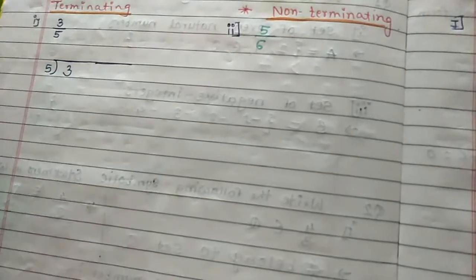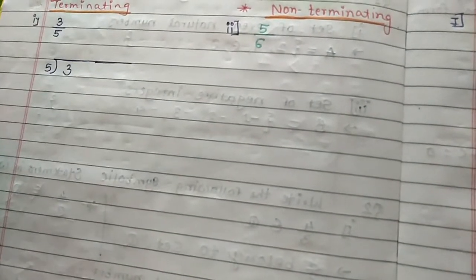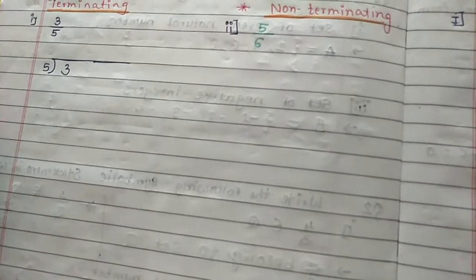And if we do not get the remainder 0 and one certain digit is repeated again and again, and at the end we get an unending remainder, that is, at the place of the remainder we keep getting a single digit, such a division is called non-terminating.